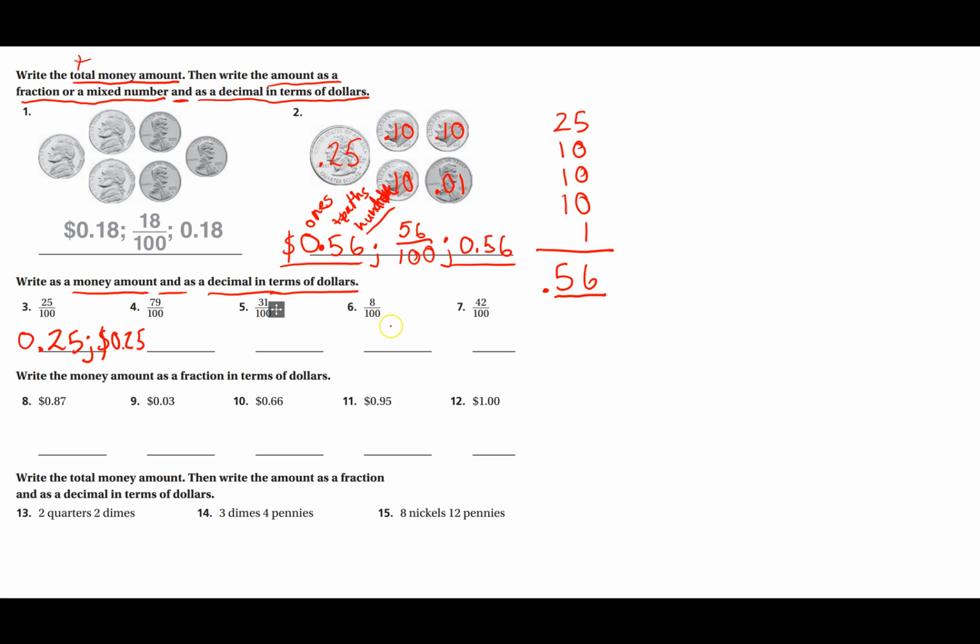Okay, I am going to jump over to number 6 because a lot of times students have difficulty with this one. So 8 hundredths, if I'm writing that as a decimal, I have nothing out in front, so I have no ones, nothing in the ones place. Then my decimal. How many tenths are in 8? Well, it's just like when you're dealing with the number 8.